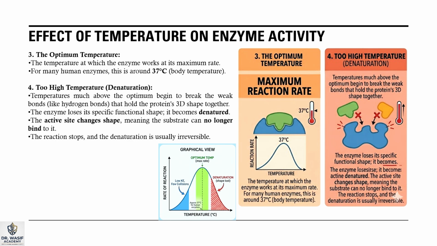When this happens, the enzyme loses its shape. This is called denaturation, or denaturing the enzyme. Crucially, the active site changes shape. Now the substrate, that is the key, no longer fits into the lock. The reaction stops, and because the protein has been physically unfolded, this damage is usually irreversible.